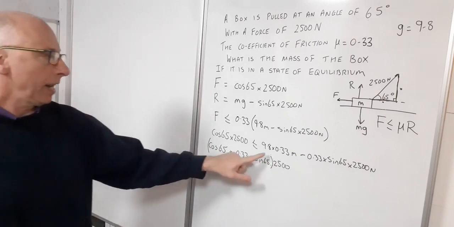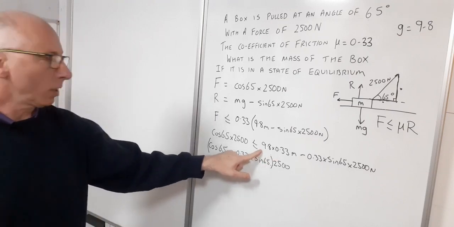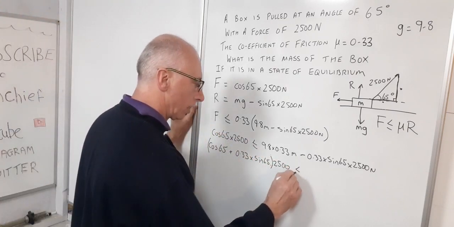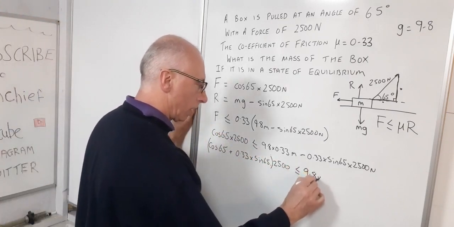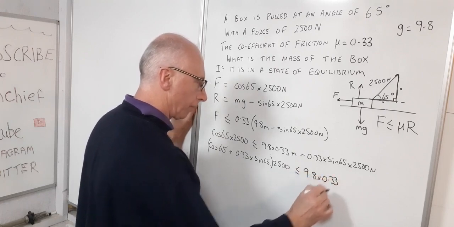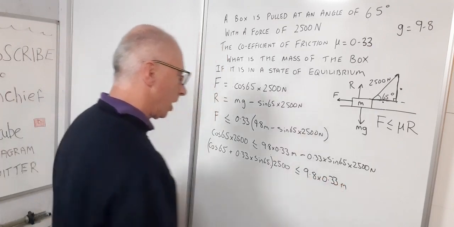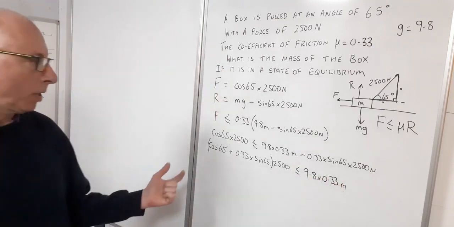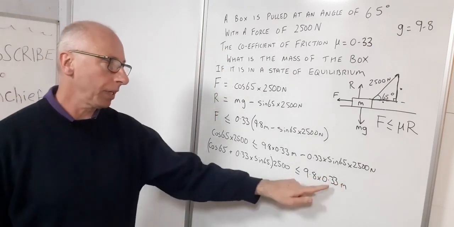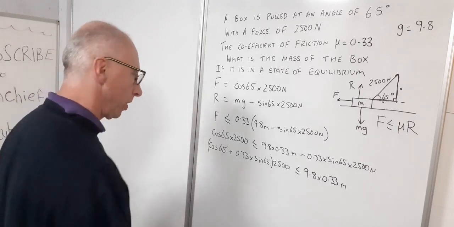Okay, and then that's going to be less than or equal to 9.8 times 0.33. Okay, and that's going to be multiplied by m. Okay, so now to get m on its own, I just need to divide everybody by this 9.8 times 0.33.